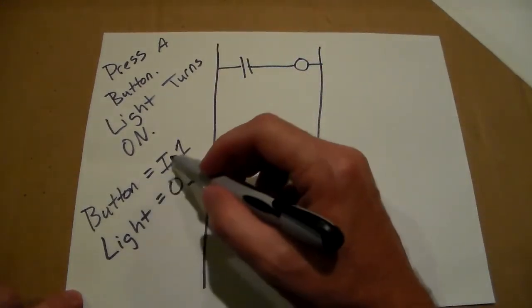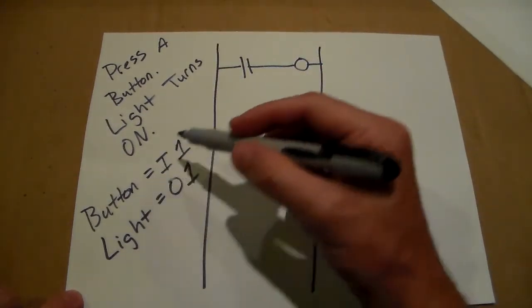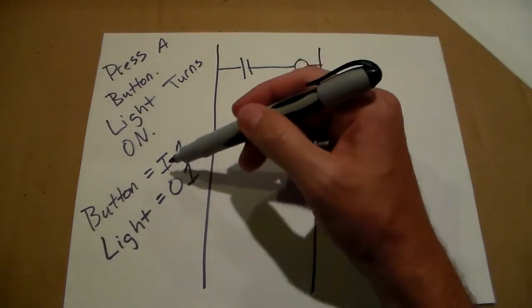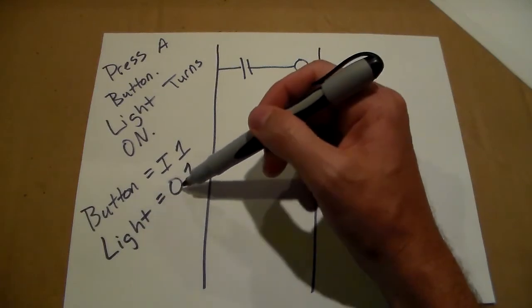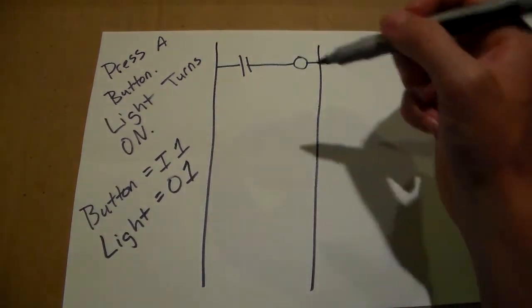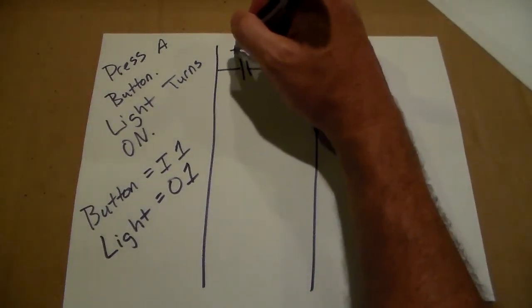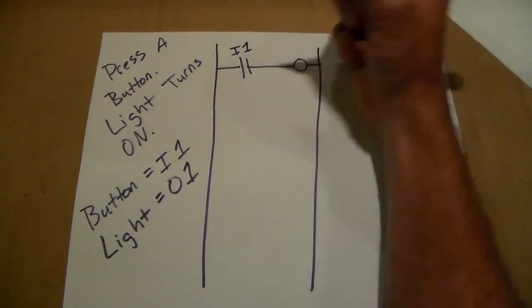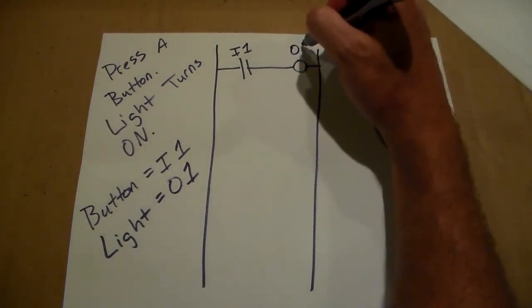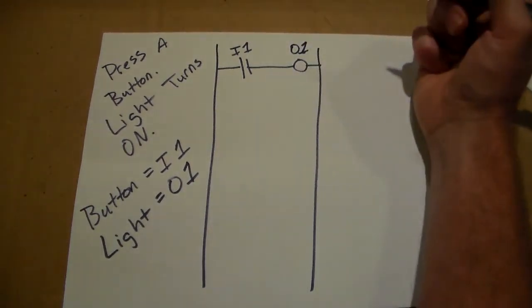The button is given that address because of the terminal that the wire was physically landed on. Okay? Same thing, the light was wired up to the Phillips head screw that is represented by O1. So when we program it, this contact is I1, this coil is O1.